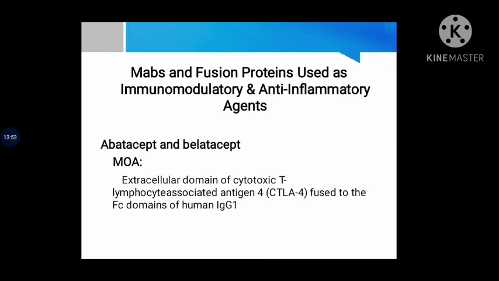So the mechanism of action of these drugs is they are composed of the extracellular domain of cytotoxic T lymphocyte associated antigen 4 fused to the Fc domain of human IgG1.